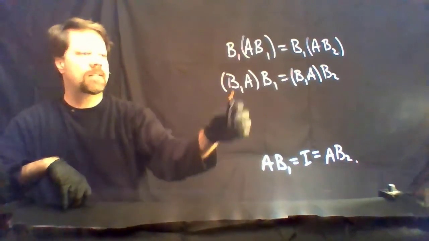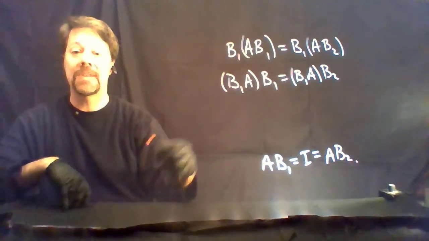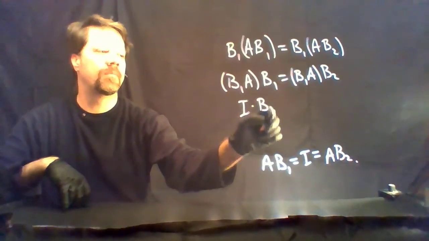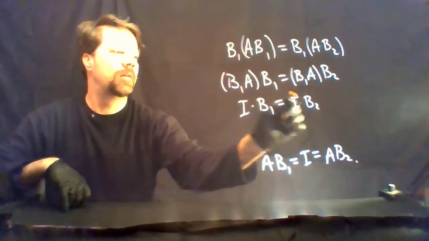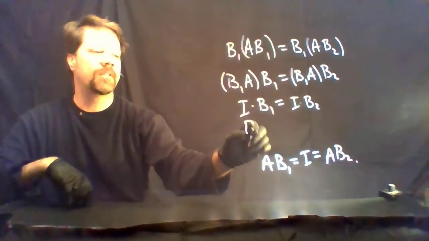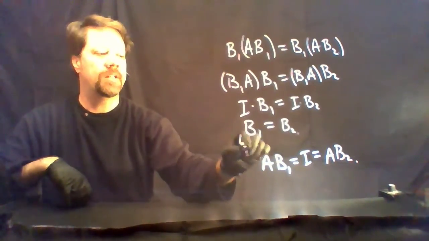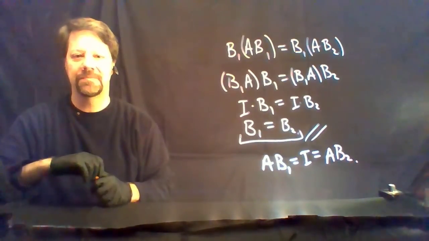Now, because B1 is an inverse, B1 times A equals A times B1, which is the identity matrix. And when you multiply the identity matrix onto another matrix, it leaves it alone. We deduce that B1 and B2 are the same, and that's the end of the proof.